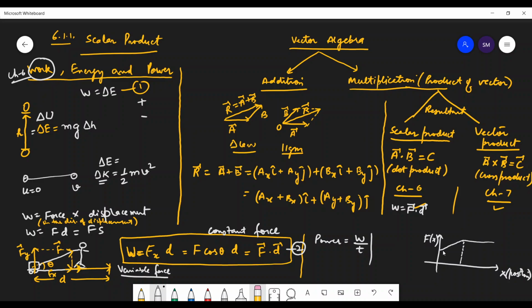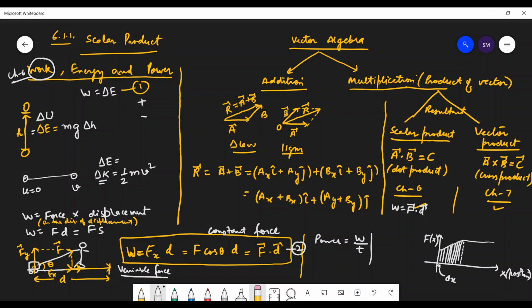So what I am going to do, I will divide this into small strips, and assume that for this small distance dx the force is constant, again for the next strip the force is constant. Here the force was constant for the whole displacement, but here the force is constant only for this much of the displacement, delta x.